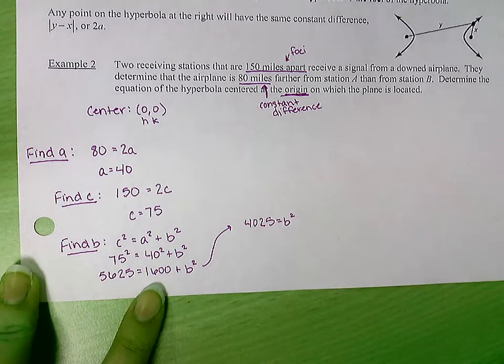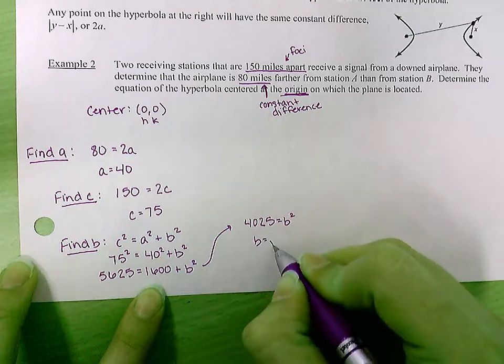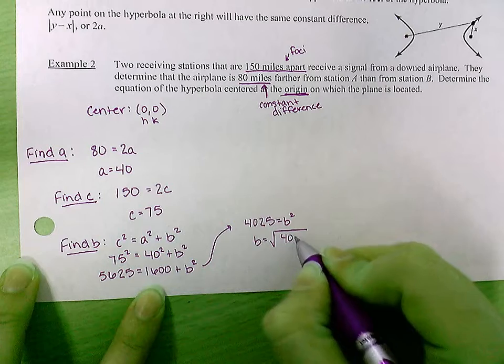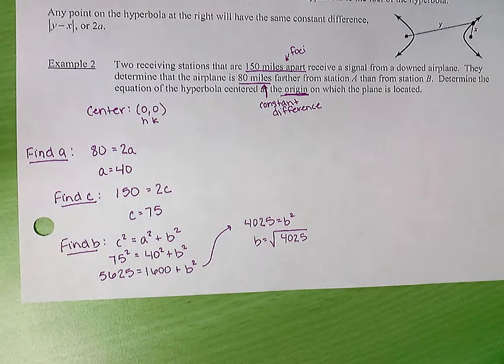Now to get B by itself, you'll take the square root of both sides, but I'm just going to leave it as the square root of 4,025, because when we plug it into our formula, we have to square B and we have to square A. So that square root will just cancel out.